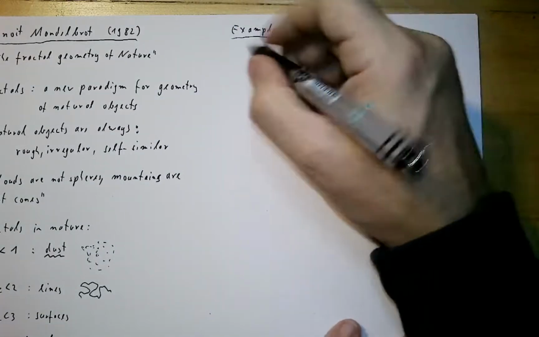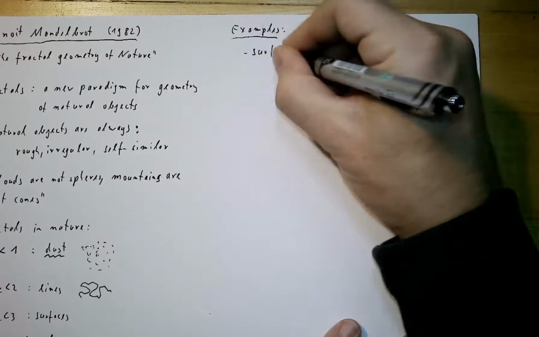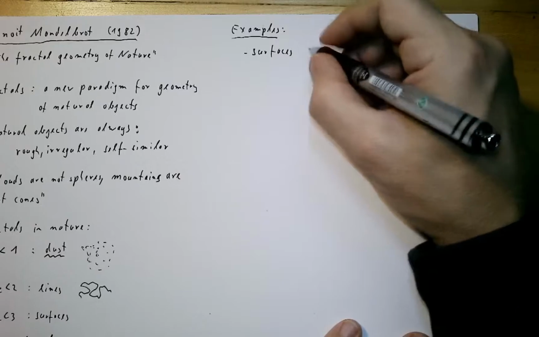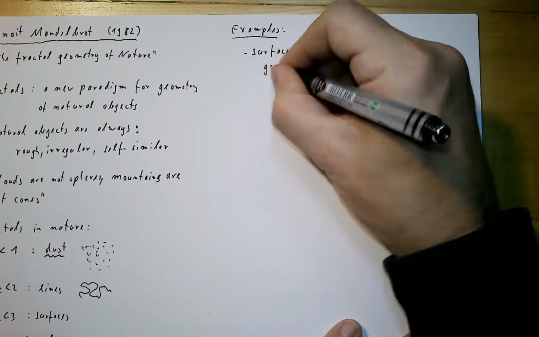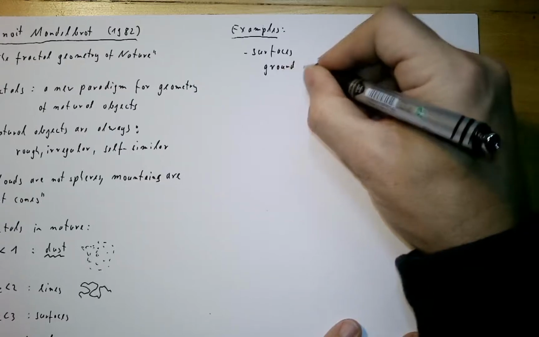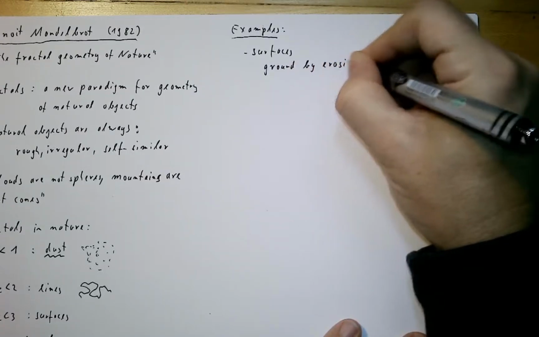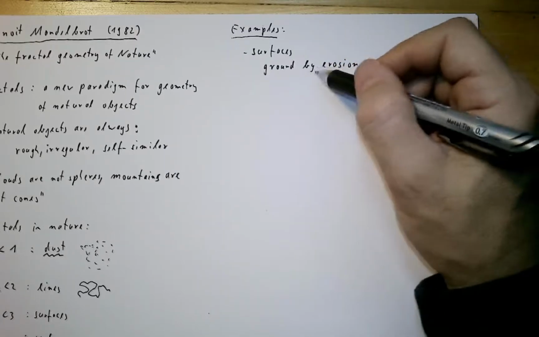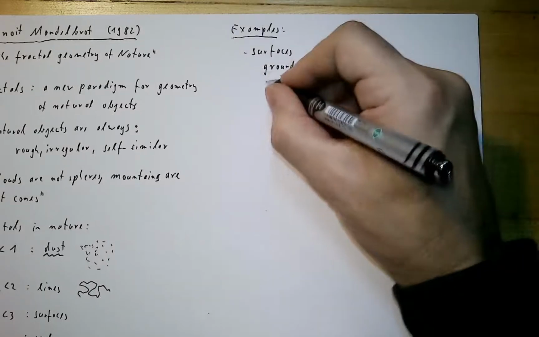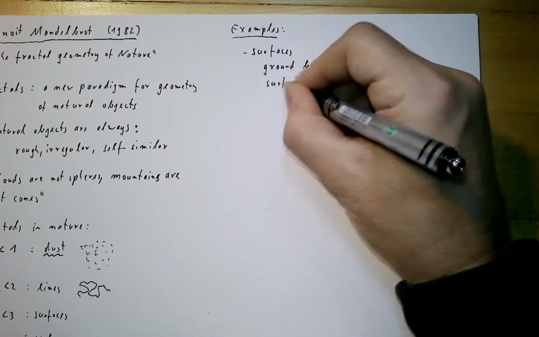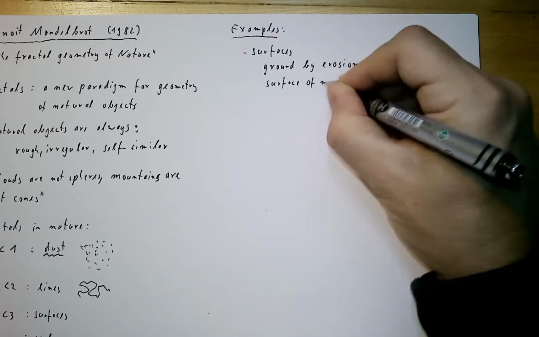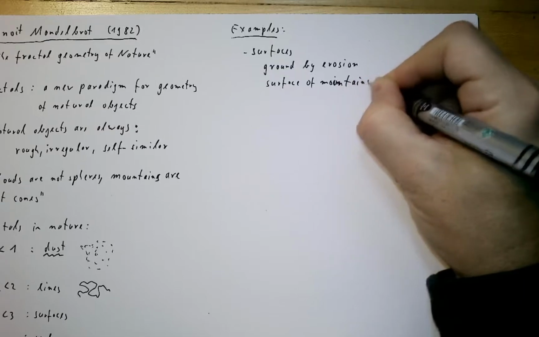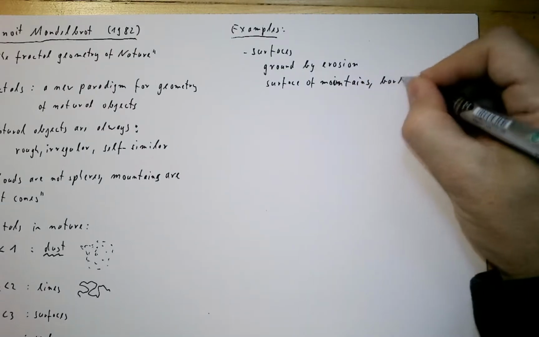Basically all surfaces, for example surfaces from ground erosion, like this furrow we had before, or the Grand Canyon, or the surfaces of mountains, the bark of trees.